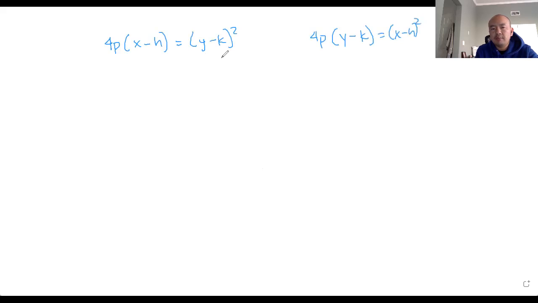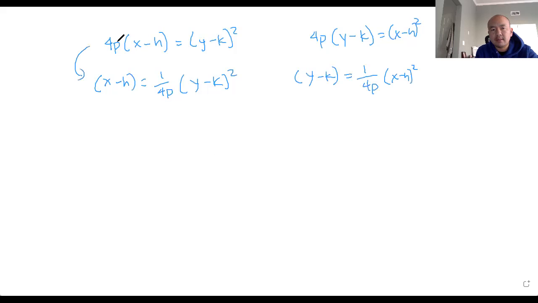Teachers have also taught that this is the standard form: x minus h squared equals 1 over 4p times y minus k, and y minus k is equal to 1 over 4p times x minus h squared. Notice that these are the same thing, except they just divided the 4p to the other side.